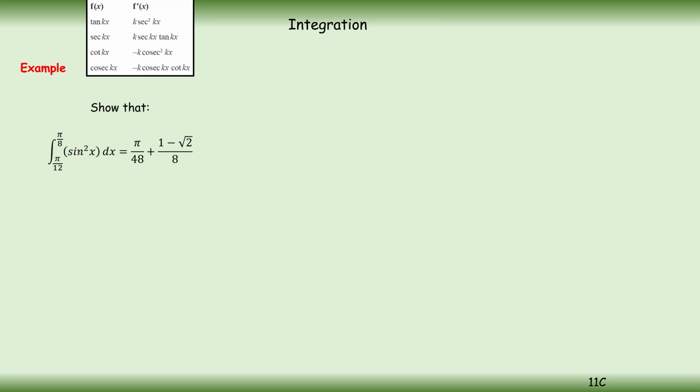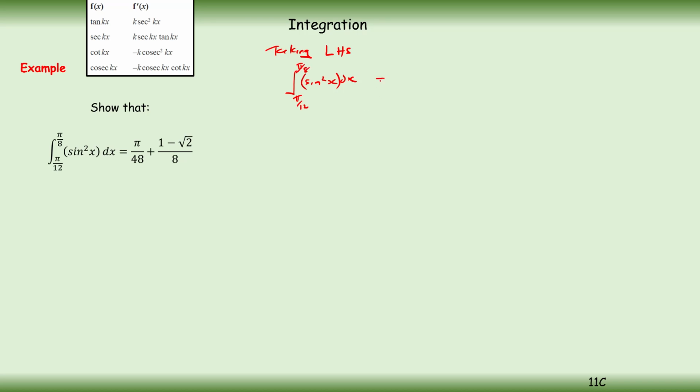First things first, I'm going to look at the left hand side. So taking the LHS, I want to integrate sine squared x with respect to x from pi by 12 to pi by 8.